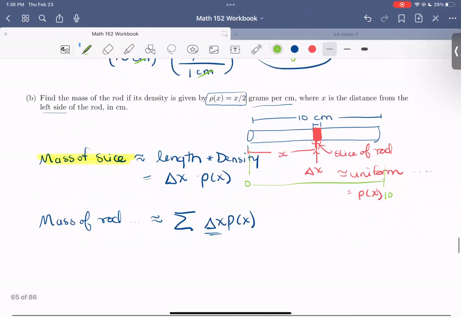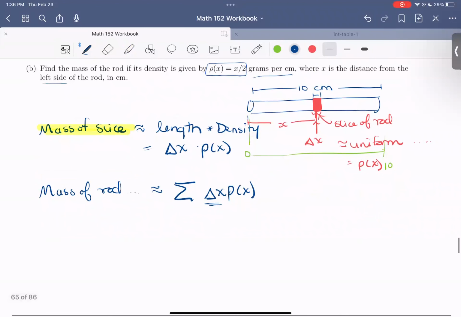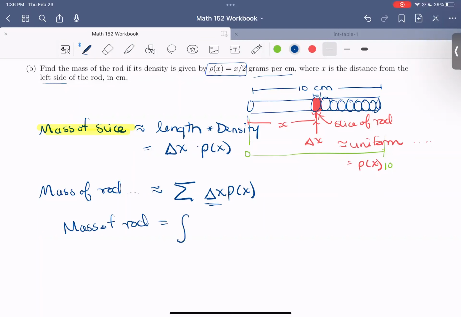So when we're taking a sum like this, it is equivalent to taking an integral. Well, we're adding up the mass of each little slice. So to get the mass of the rod exactly, we're going to take an integral of rho of x dx, using the notation of an integral.